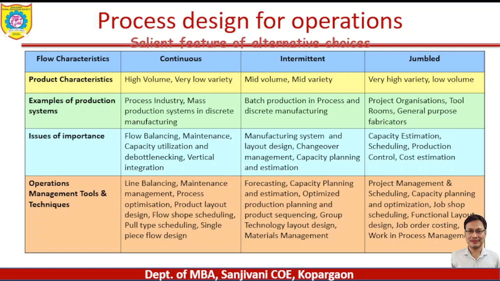Changeover management is a very big issue in this intermittent flow operation system as multiple varieties of products are involved. Every time, the machines have to be stopped after every batch production, and then machine setup has to be done again for the next batch.